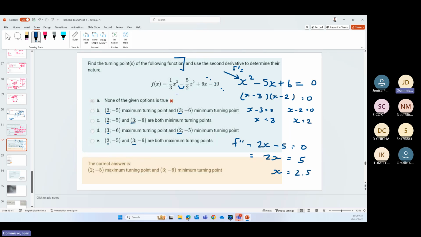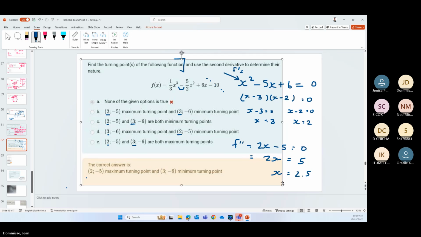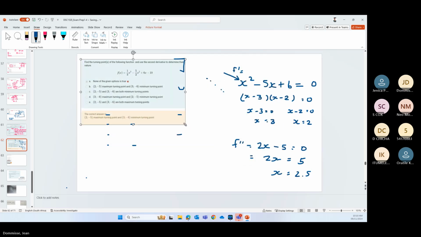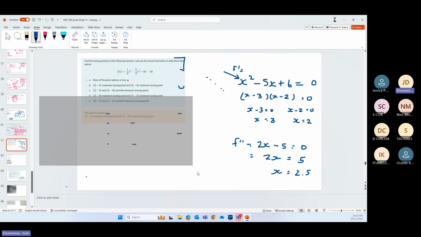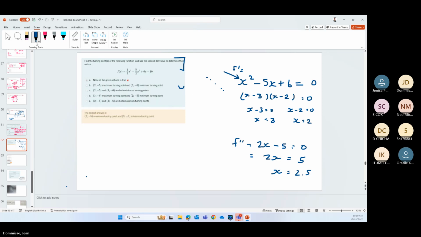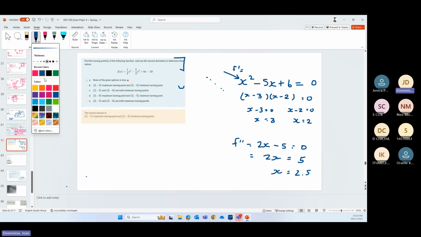So let me quickly make this smaller so that I can quickly sketch.